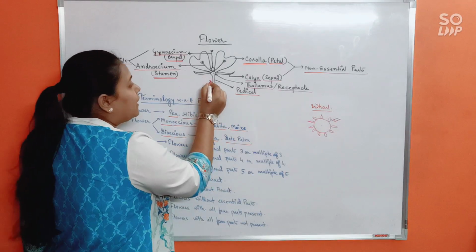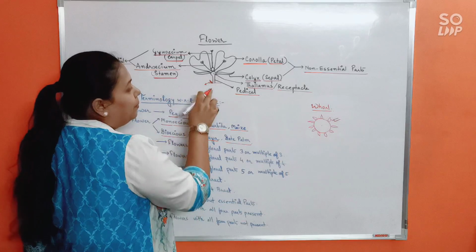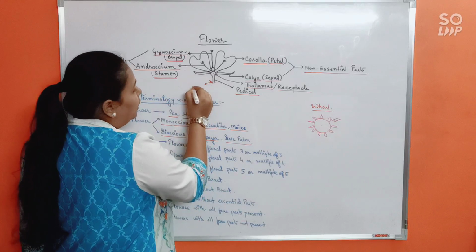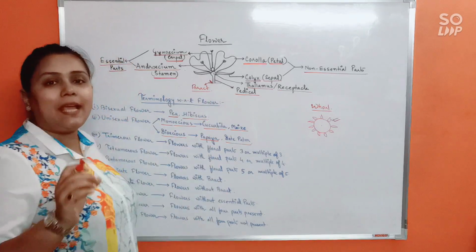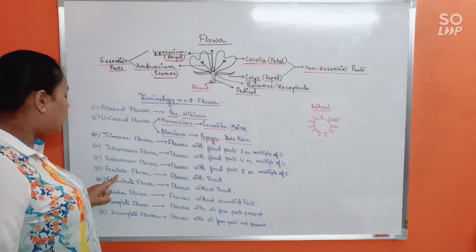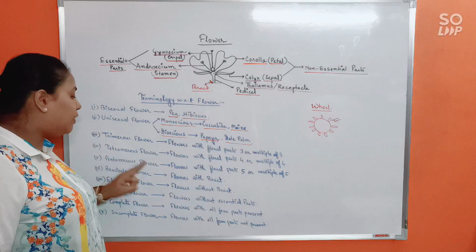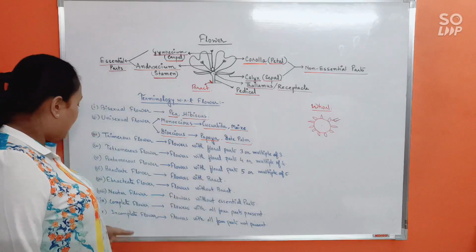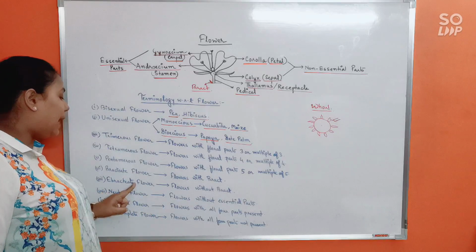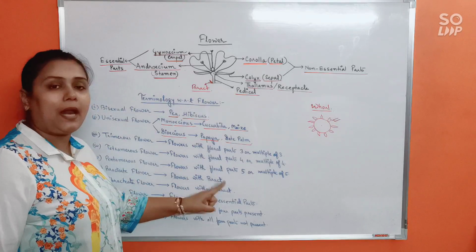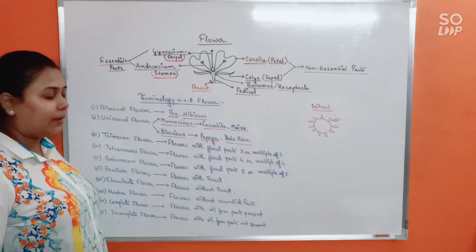So this leaf-like structure sometimes present at the base of the pedicel is called bract. So if a flower possesses bract, then it becomes a bracteate flower. So bracteate flower means flowers with bract. In case it does not have the bract, then we call it ebracteate flower. So flowers without bract are called ebracteate flower.